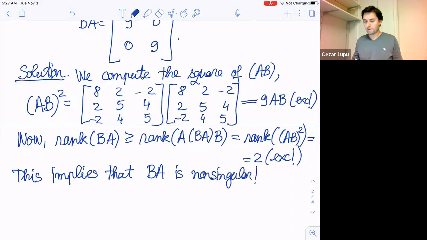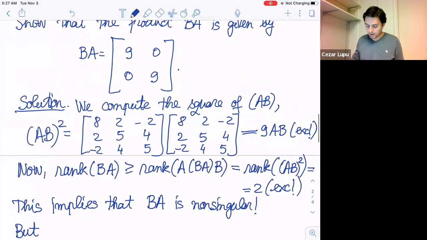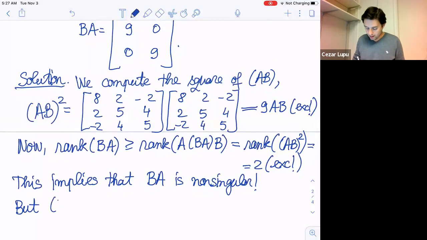Okay. Right, so it's invertible. All right, so what does this mean? Now let me look at BA, but I'm going to do the following. I'm going to look at BA squared. So BA, everything squared, right? So let's see, BA squared. This would be what?